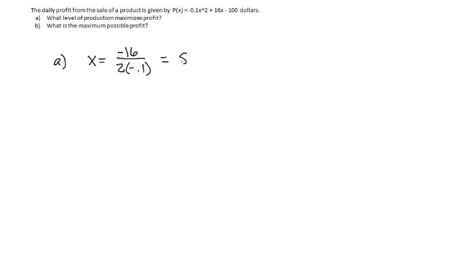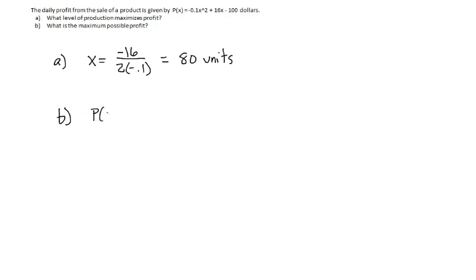And here we get 800 units. So it takes 800 units of sales for this company to maximize profit. And if we want to know what the maximum profit is, we're going to plug 80 back into our profit function.